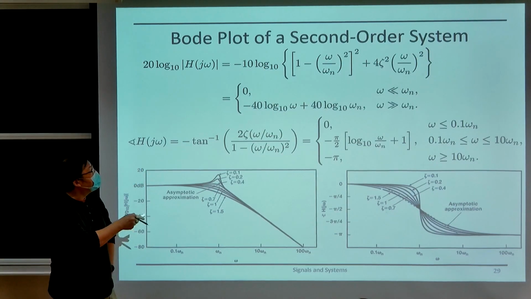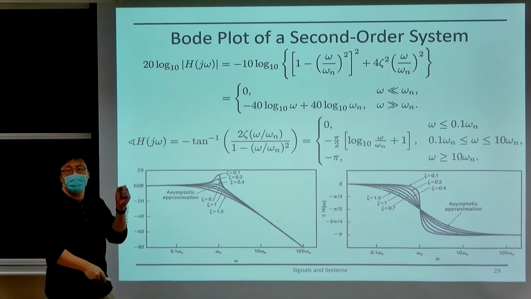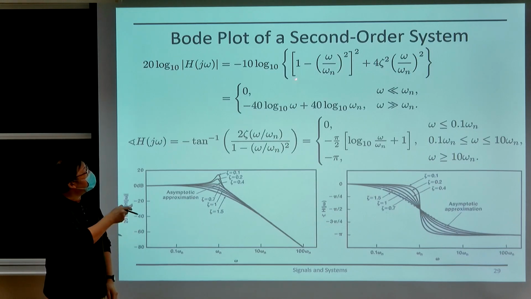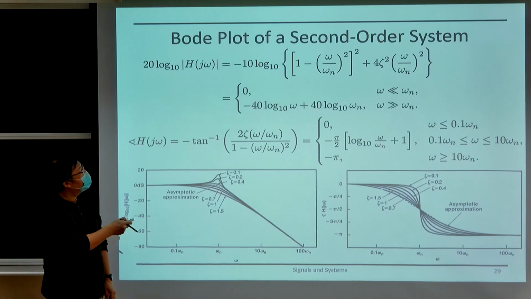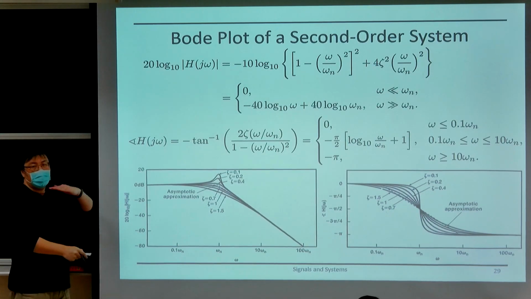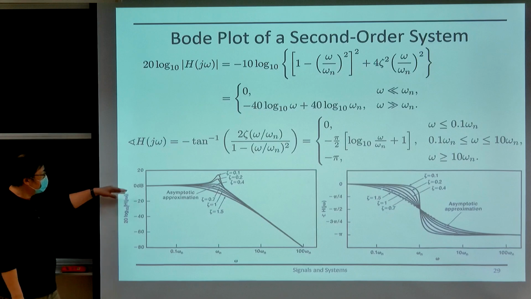When omega is much smaller than omega n, both of these ratios are close to 0, so this is dominated by this 1, and log 1 is 0. So at low frequency, the log magnitude is approximated by a 0 dB line, which is this line here.